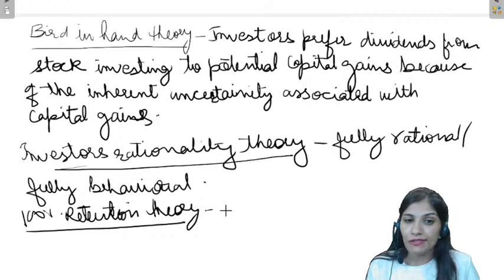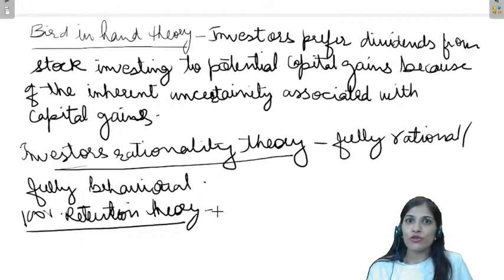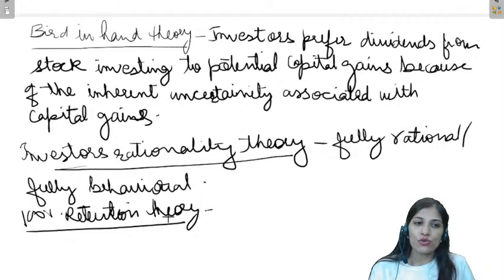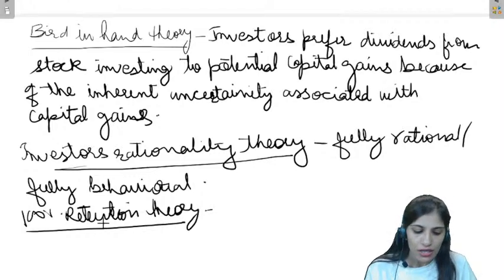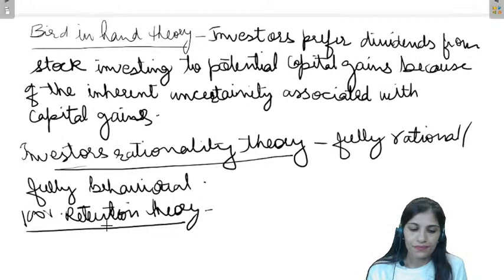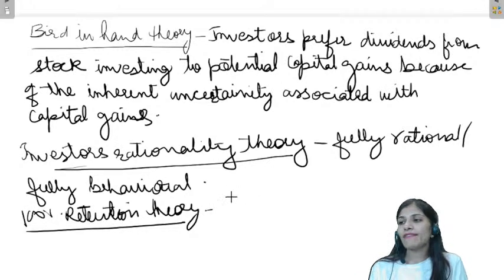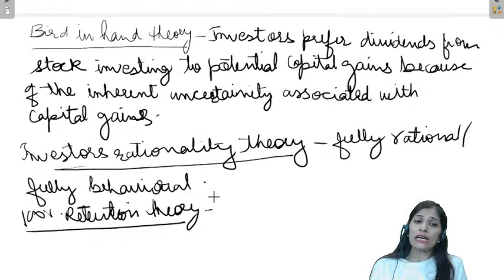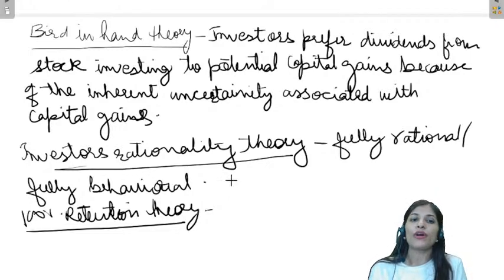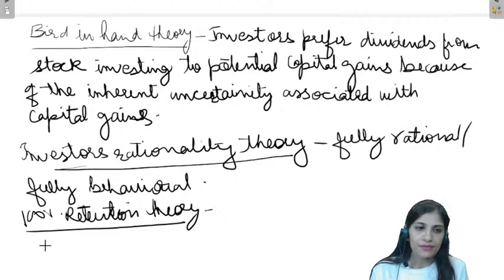Not the profit, the dividend. Okay, when they are ready to leave their dividend, this is known as 100% retention theory. Why do investors never want to receive their profits? Because they believe that in the long run they are going to get much more profits, right?